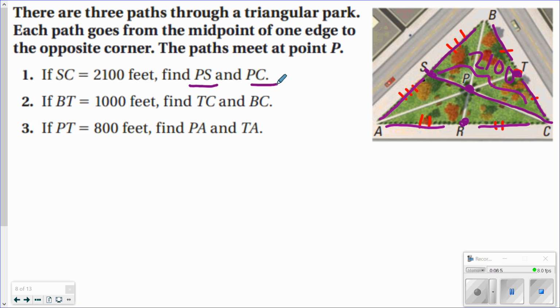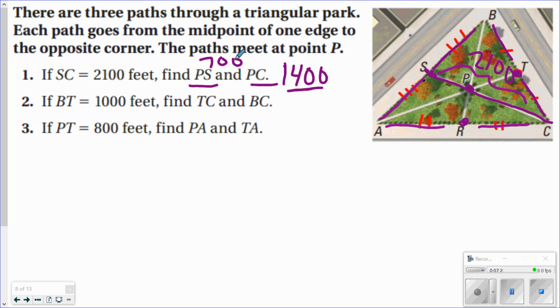So plug that in your calculator. What is 2/3 of 2,100? Well, it would be 1,400. Now, if PS, the smaller segment, is 1/3 of the entire segment, I can do this 2 ways. I can do 1/3 times the 2,100, or use my trick, which is to take the longer segment and divide it by 2. So that would be 700.